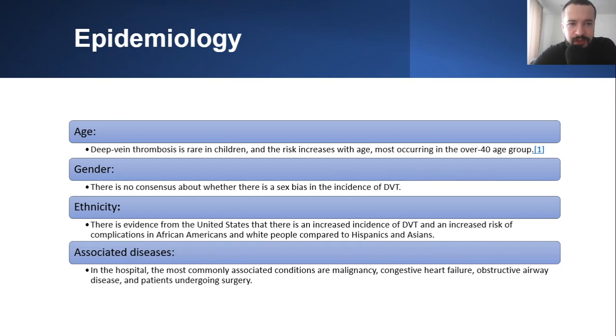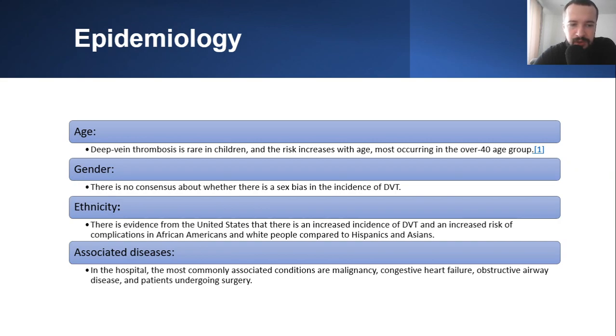Epidemiology. Age. Deep vein thrombosis is rare in children and the risk increases with age, most occurring in the over 40 age group. Gender. There is no consensus about whether there is a sex bias in the incidence of DVT. Ethnicity. There is evidence from the United States that there is an increased incidence of DVT and an increased risk of complications in African Americans and white people compared to Hispanics and Asians.